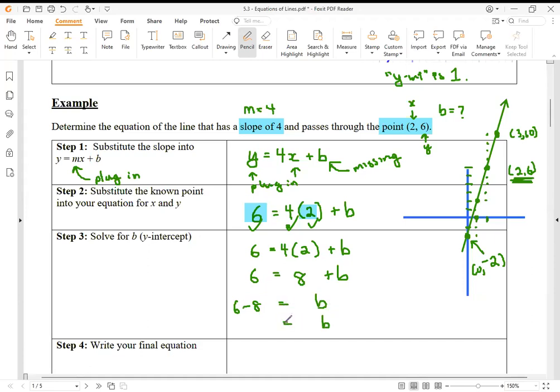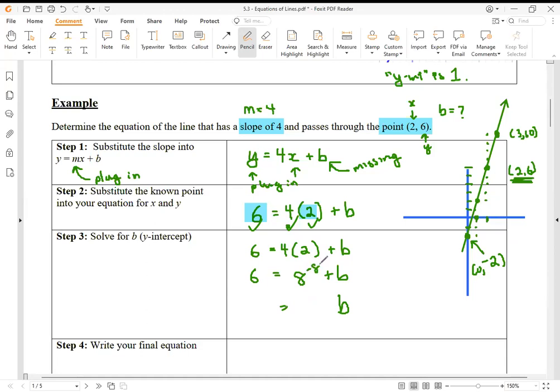B is, I like the variable first, -2. Get rid of the plus 8 first. We're going to do minus 8, minus 8. I'm getting b all alone.